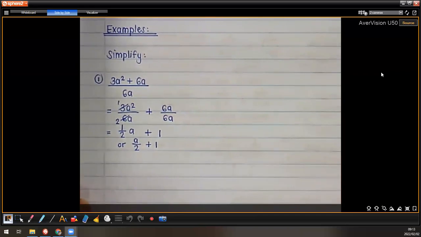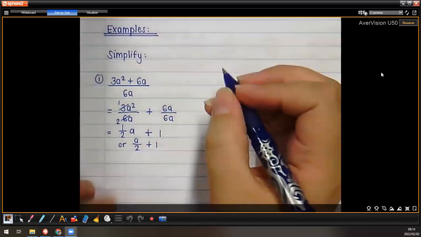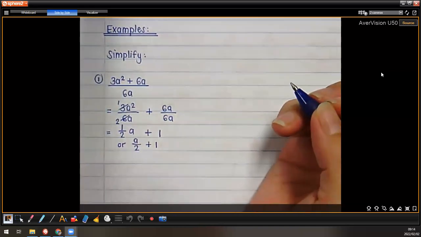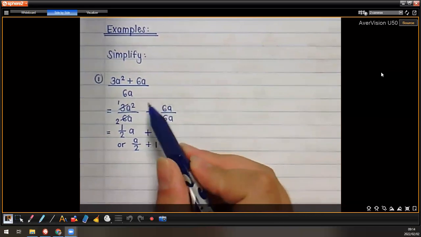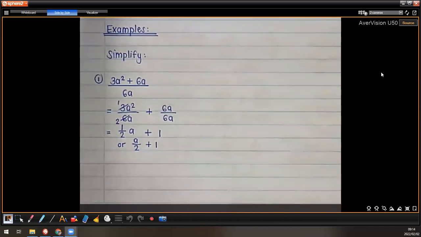But last year, as soon as you learned how to factorize, the teacher would have shown you a different way of simplifying this, which gets you to an answer that looks slightly different from what we just got, but actually means the same thing. So guys, the only reason why we are doing the second method is because this method only works if you have only one term at the bottom.